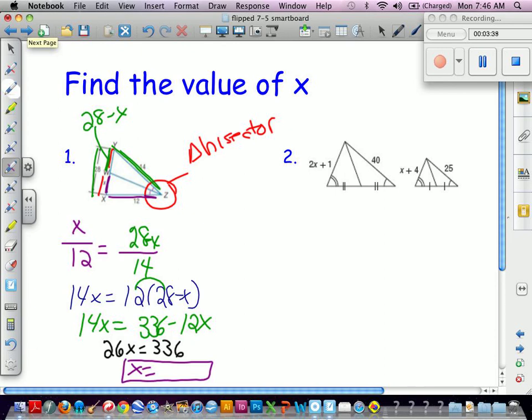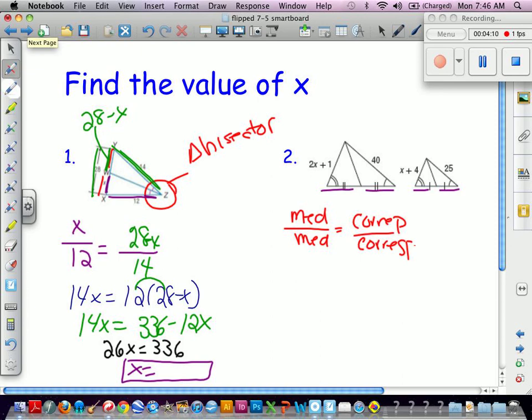All right, let's move on to number 2. When I look at this one, I'm seeing that I have a median because these two pieces are equal and those two pieces are equal. Now, I should be using my median relationship. My median over my median equals my corresponding side over my corresponding side.